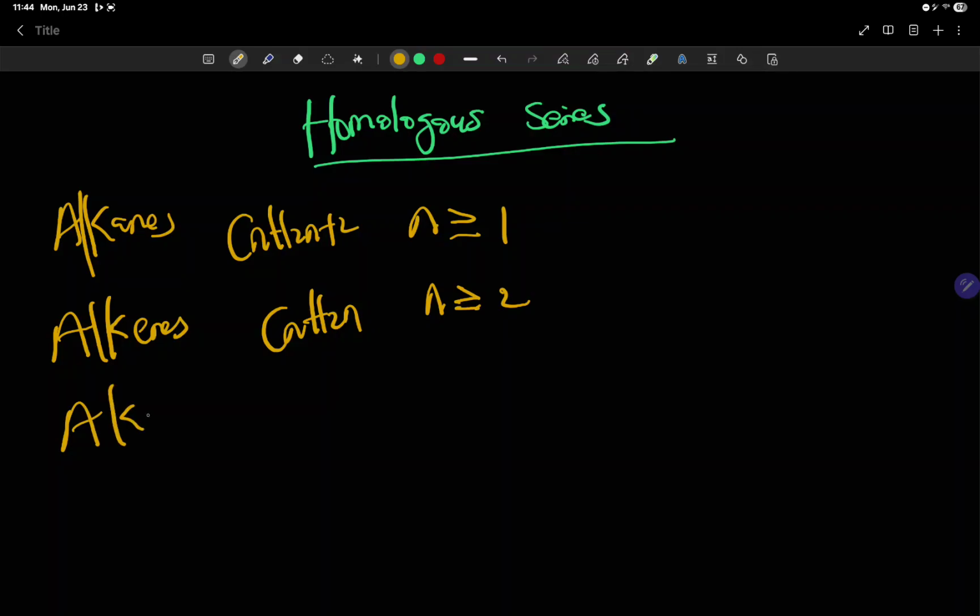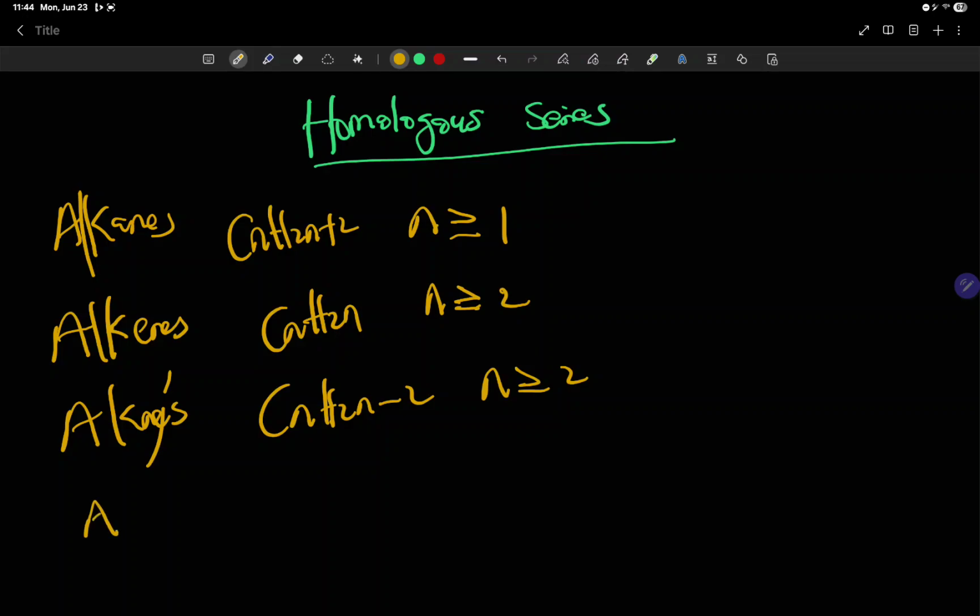The alkynes, sorry for that, I made a mistake with my spelling. The alkynes have a general formula CnH2n minus 2, where n is greater than or equal to 2.